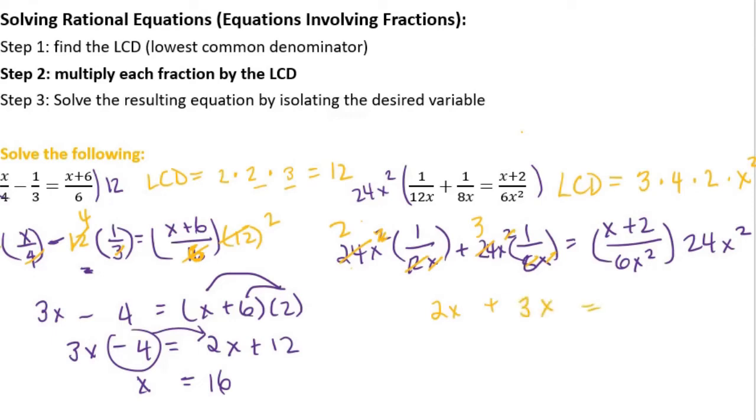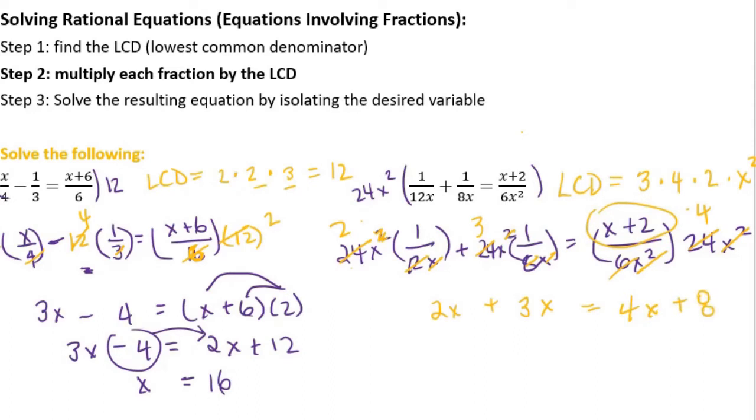And on the right-hand side, 24 divided by 6 is 4. X squared divided by x squared is equal to 1, so we don't have any x's left here. Maybe use distributive property right away, because we'll have x plus 2 times 4, or 4x plus 8.